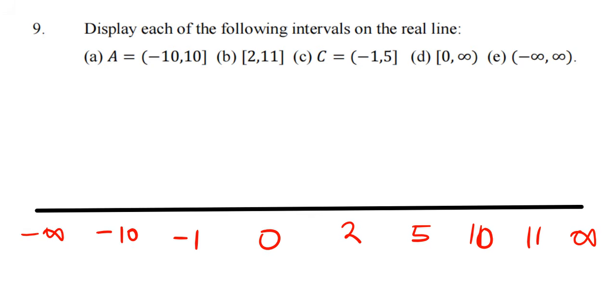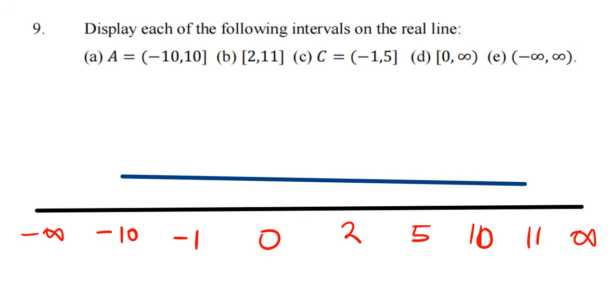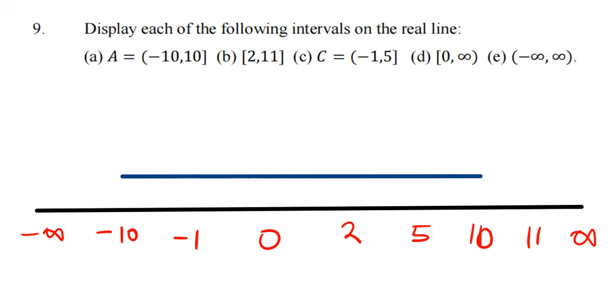So if that is what we have, what do we now do? So A, we're saying it is negative 10 to 10. Okay, so from negative 10 I'm moving all the way to 10 there. Now if we're going to look at A, this is open, this is closed.